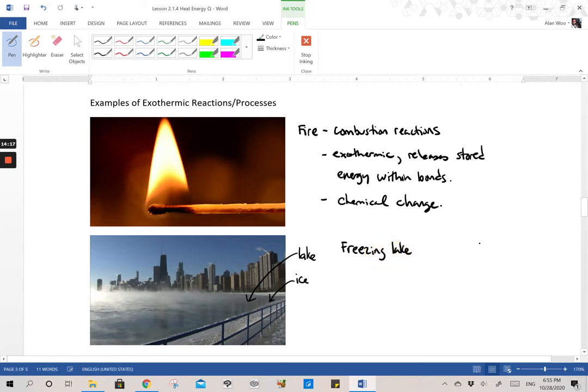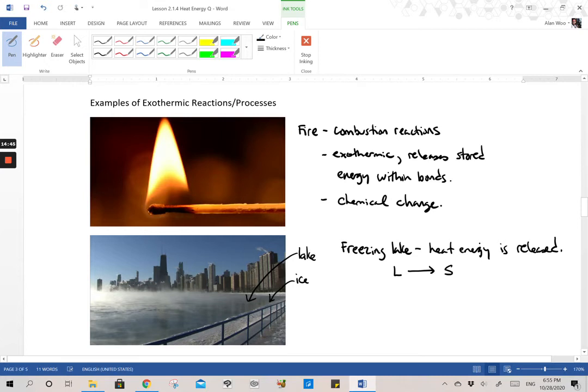When this lake freezes, heat energy is released. It's released because in order to go from a liquid to a solid, that extra energy has to be taken out so that the molecules can come closer and closer together to form that solid.